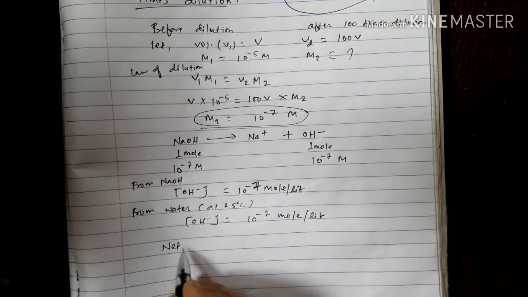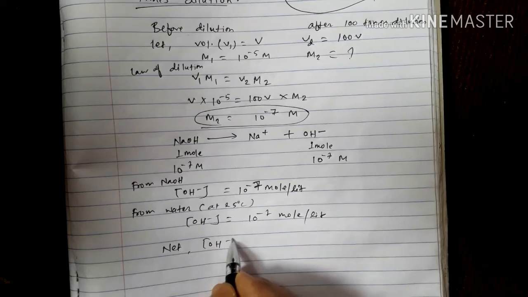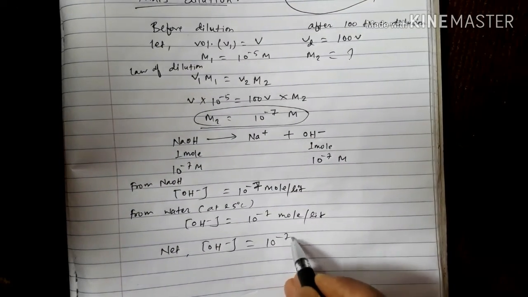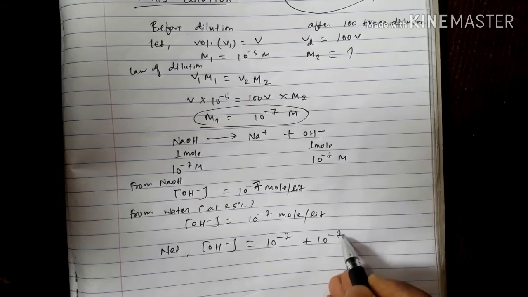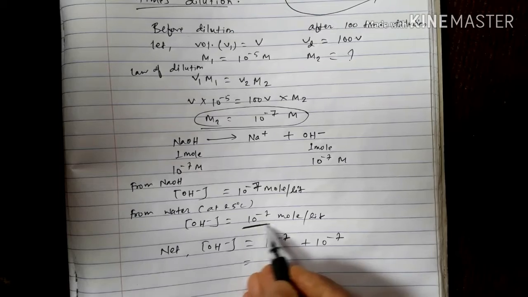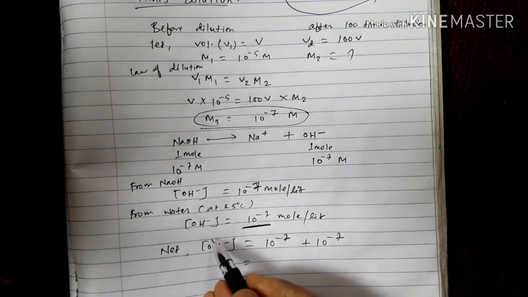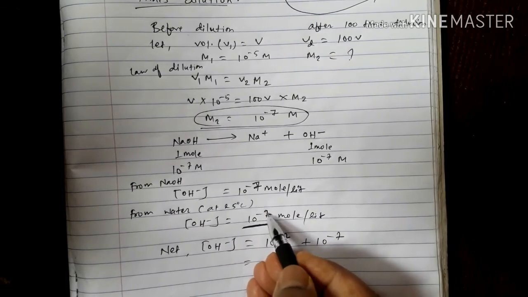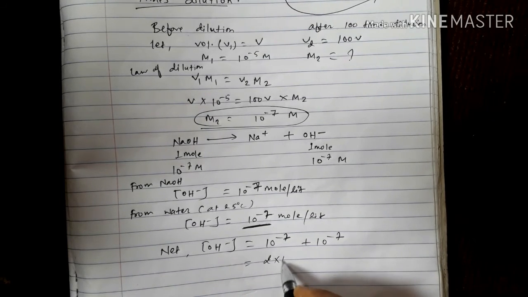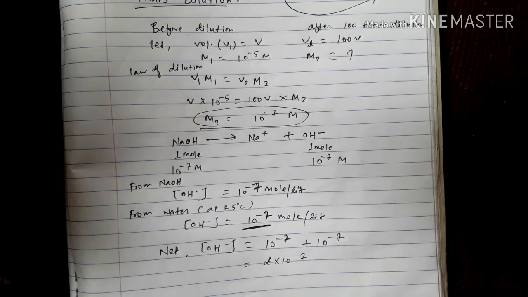Now, the net concentration of OH minus ion in the solution will be 10 to the minus 7 plus 10 to the minus 7. You can't neglect the concentration of hydroxide ion from water because these two are comparable values. The value will be 2 into 10 to the minus 7.